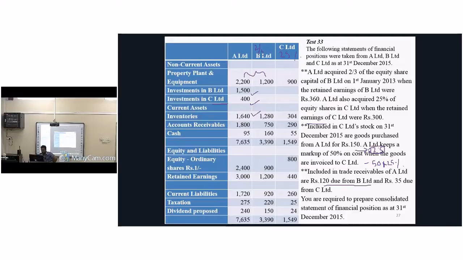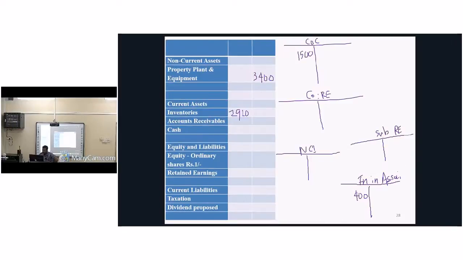What we should do is adjust this unrealized profit to consolidated retained earnings and investment in associate. Here you see, we credit investment in associate 12.5, this is the unrealized profit, and debit consolidated retained earnings 12.5 as unrealized profit. Understand?